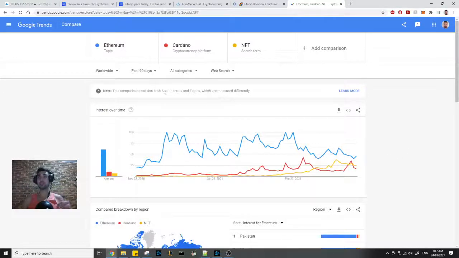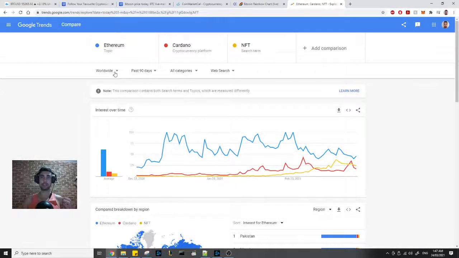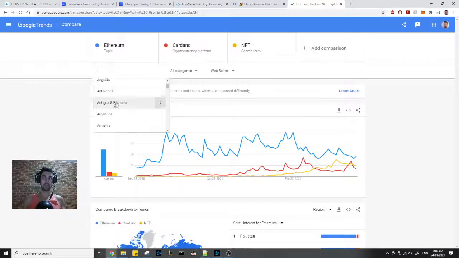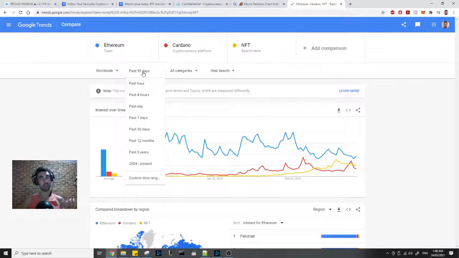Just note, when you do come to this page, it will alternate between US and worldwide. Just make sure you are selecting the region that you're interested in. I generally go worldwide, and also look at the day count of how far back you want to go, because it is relative.